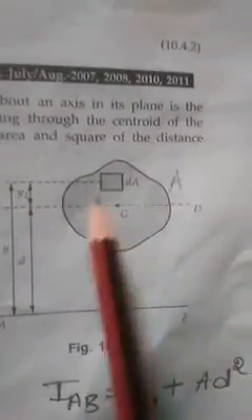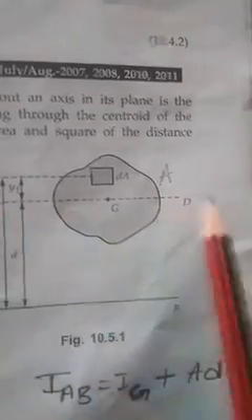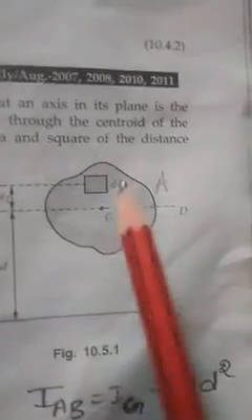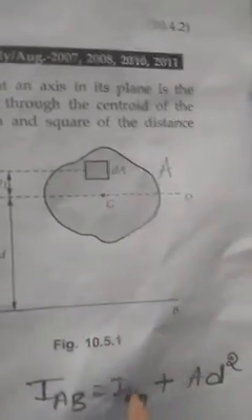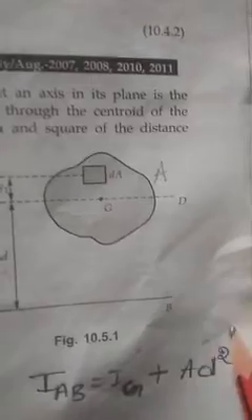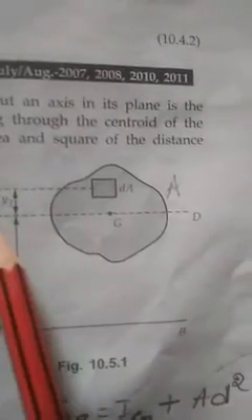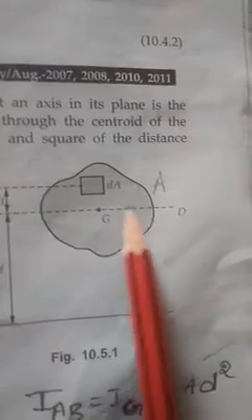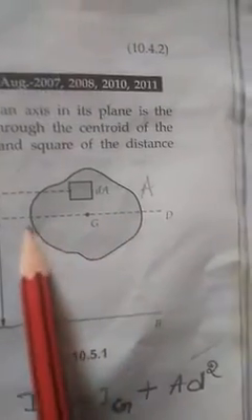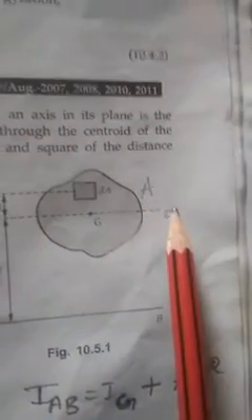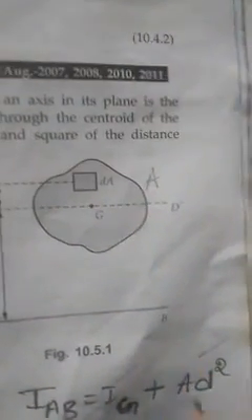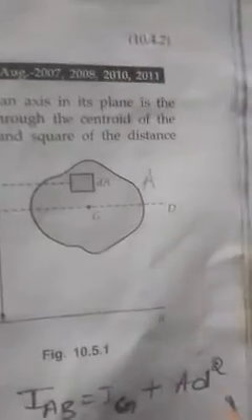The moment of inertia passing through the centroid is Ig. So it is the sum of the moment of inertia about the axis passing through the centroid of the area, and the product of the area and the square of the distance.